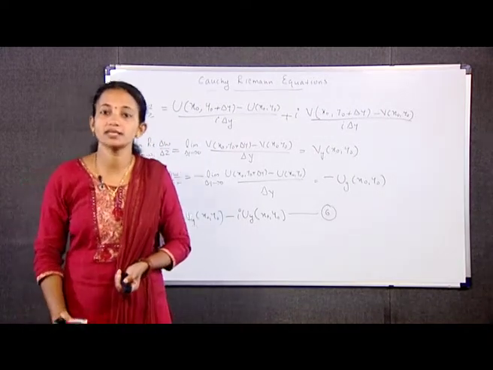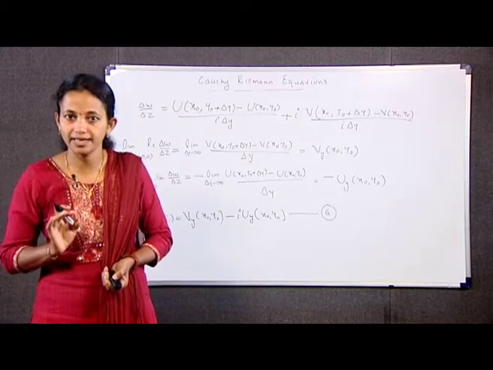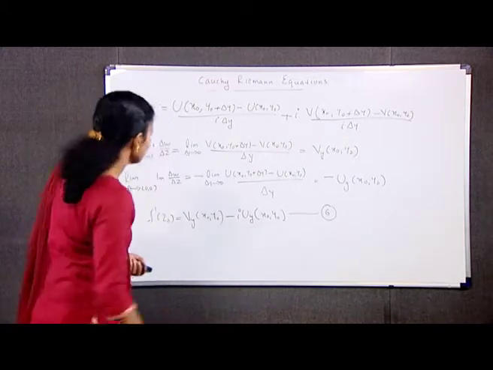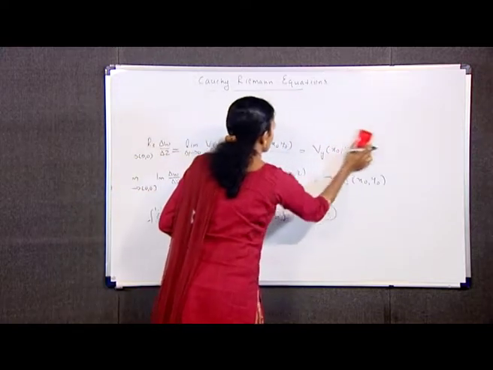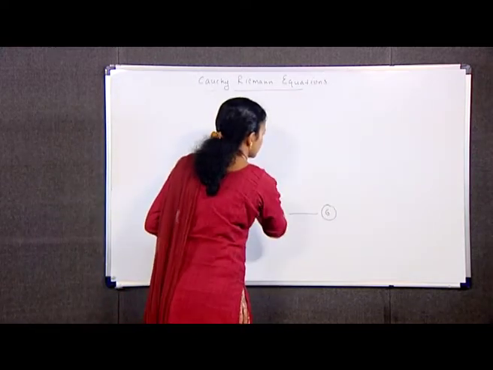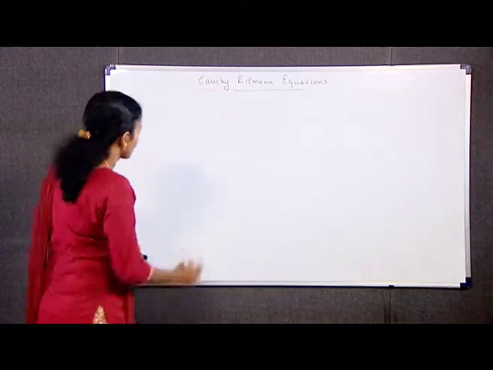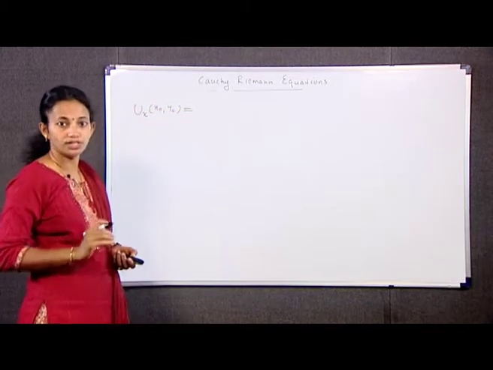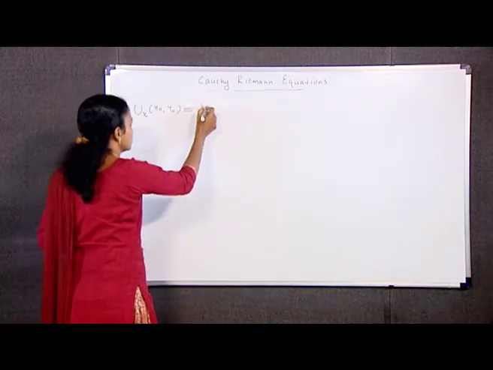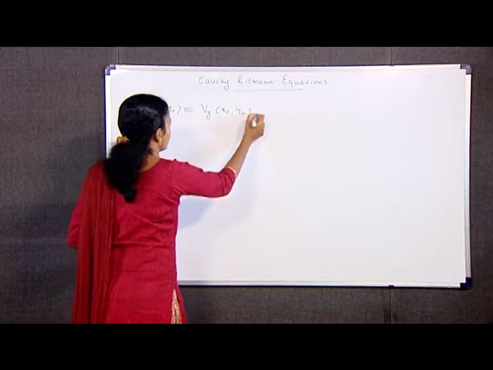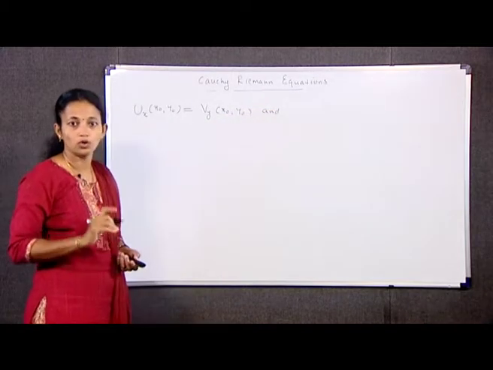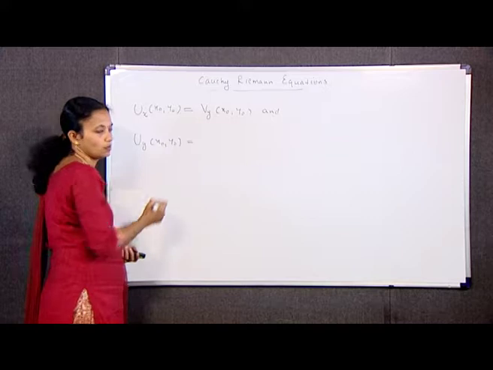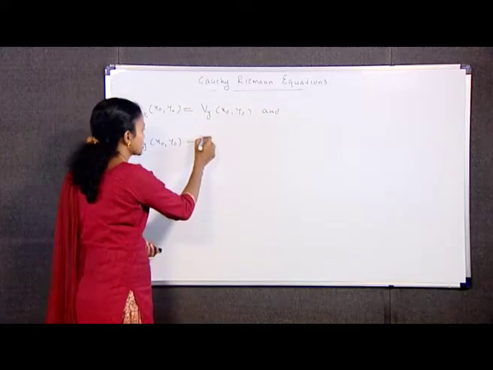As the LHS of 5 and 6 are the same, it follows by equating real and imaginary parts that ux(x0, y0) is equal to vy(x0, y0), and also uy(x0, y0) is equal to minus vx(x0, y0).